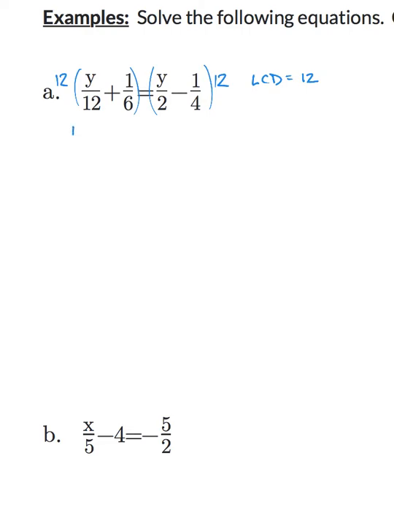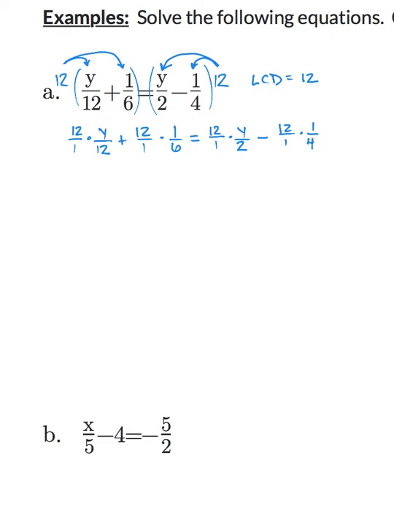So I'm going to get 12 over 1 times y over 12 plus 12 over 1 times 1 over 6 equals 12 over 1 times y over 2 minus 12 over 1 times 1/4.